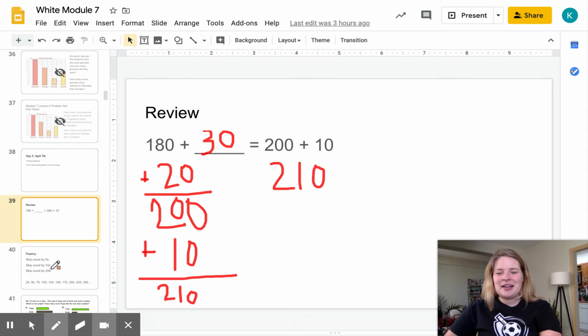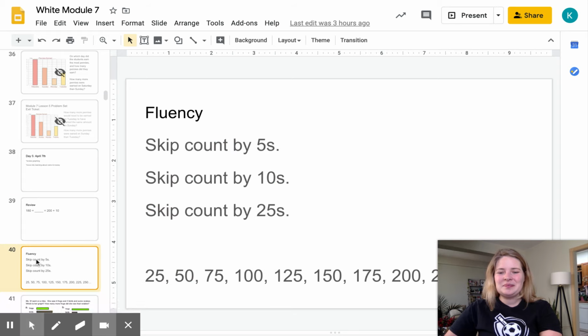Let's do some fluency practice. We're going to start by skip counting by fives. Let's go to 200. 5, 10, 15, 20, 25, 30, 35, 40, 45, 50, 55, 60, 65, 70, 75, 80, 85, 90, 95, 100.